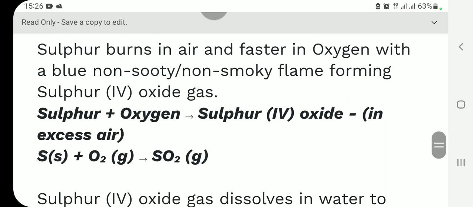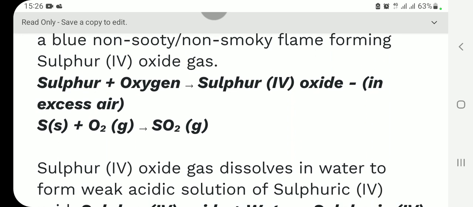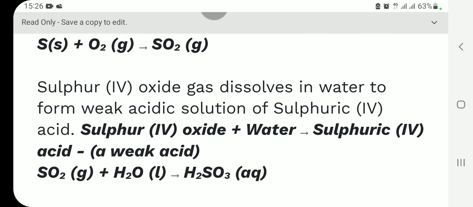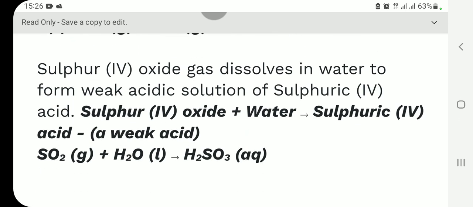Sulfur burns in air, and faster in oxygen, with a blue non-sooty flame, just as carbon, to form sulfur dioxide gas. Sulfur plus oxygen gives sulfur dioxide gas in excess oxygen. When you dissolve sulfur dioxide gas in water, you get sulfurous acid.